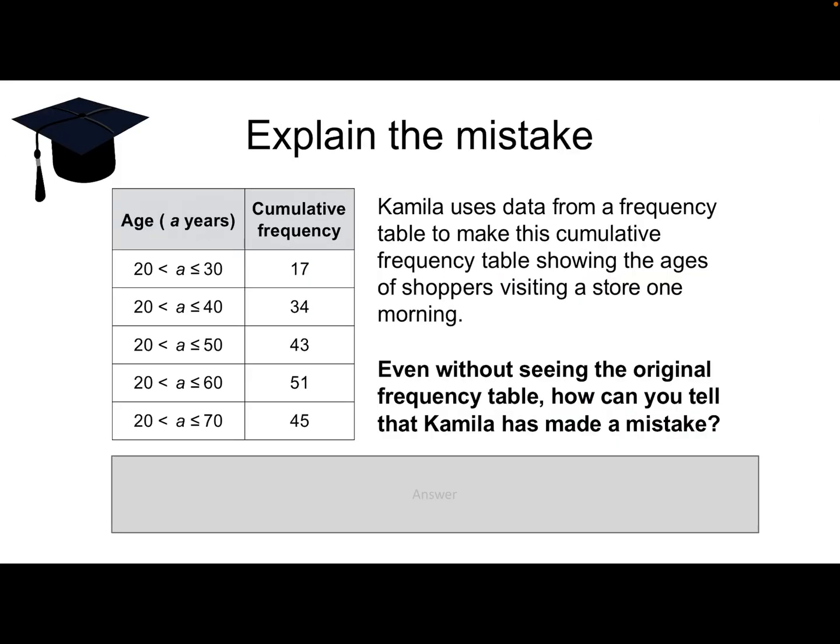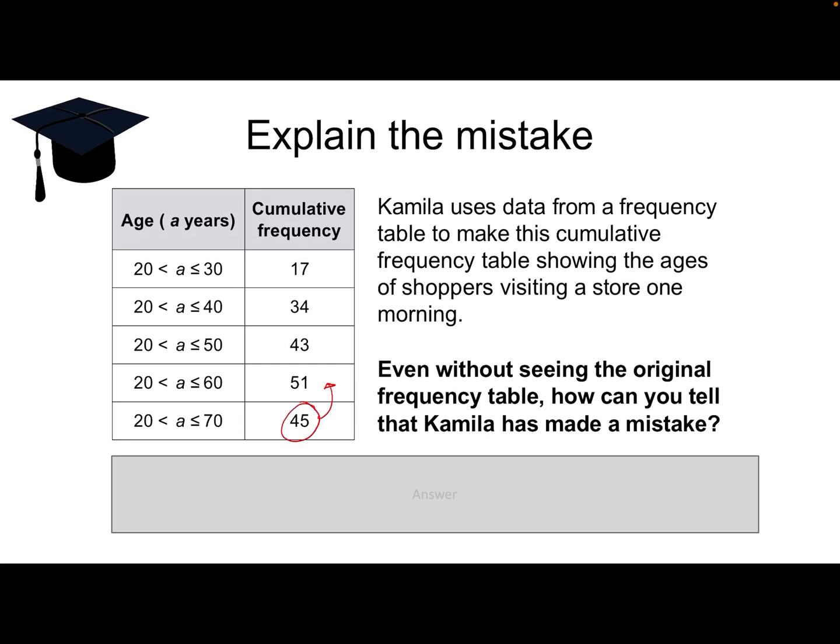Okay, right, let's explain the mistake here. Camila uses the data from a frequency table to make this cumulative frequency table showing the ages of shoppers visiting a store one morning. Even without seeing the original frequency table, how can you tell that Camila has made a mistake? Should be obvious. This number is less than this number.